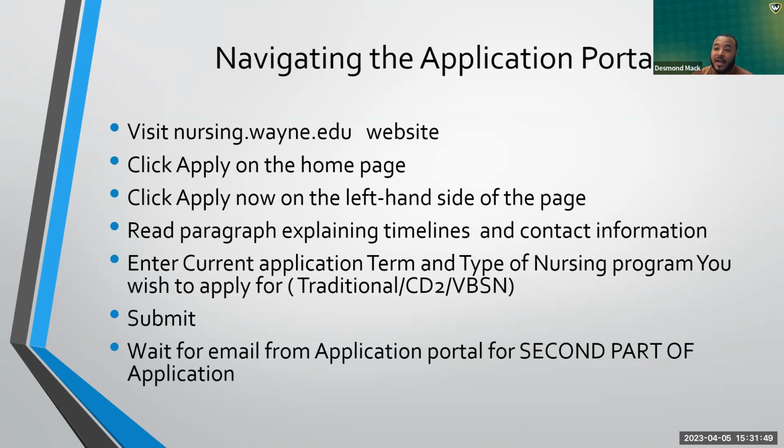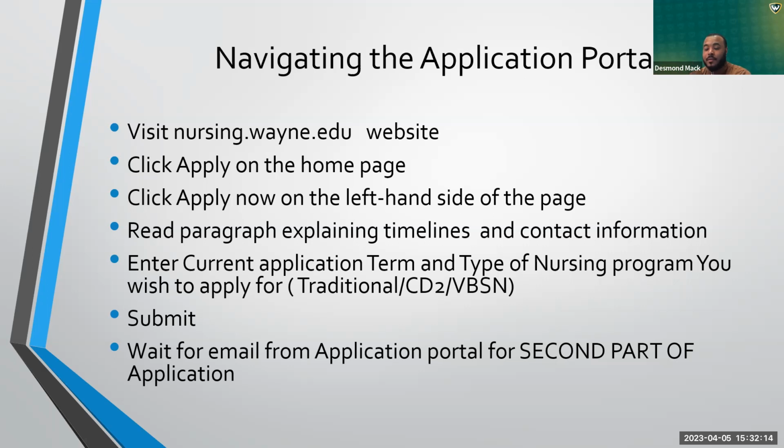So what you're going to do is after you submit it, you're going to wait for anywhere up to 8 to 12 hours for an email from the College of Nursing. This email will then give you a portal to the second half of the application, the actual portal of the application.